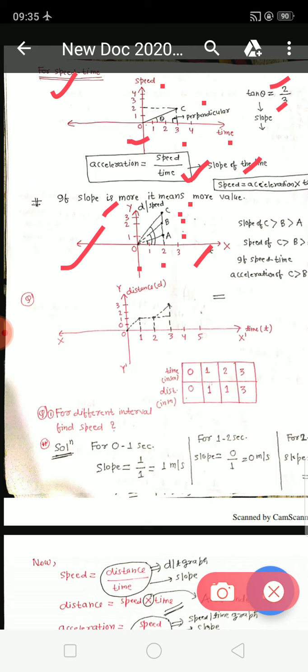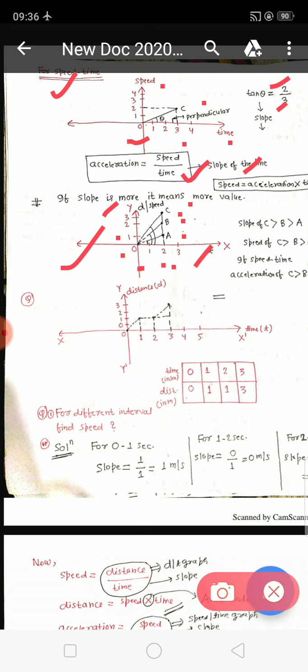So the question is whose speed is more? Theoretically, how will you calculate it? Speed of any object is change in distance divided by time interval. So time interval is fixed, 2 seconds. Distance traveled by A is 1 meter, distance traveled by B is 2 meter and distance traveled by C is 3 meter. So it means that the speed of C will be more than B, and B more than A.